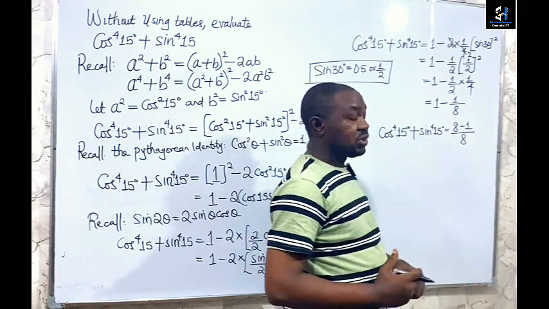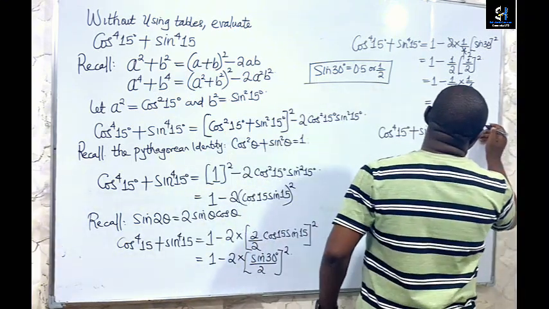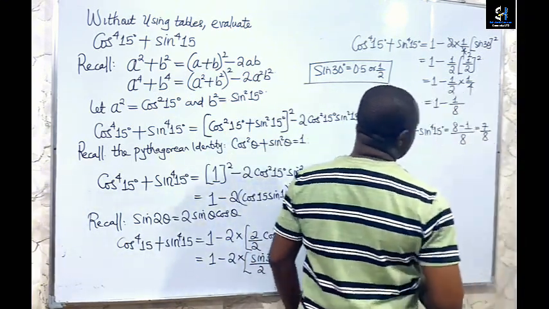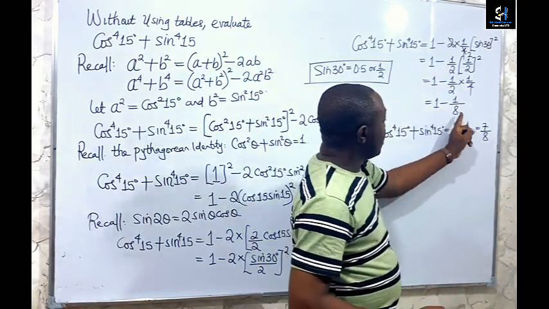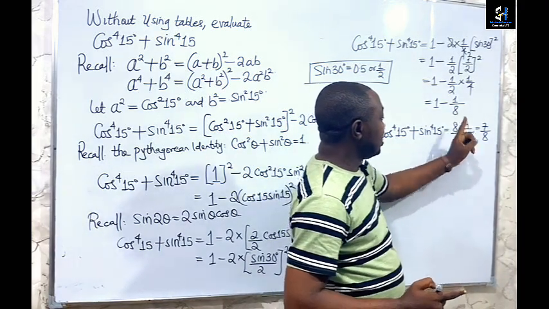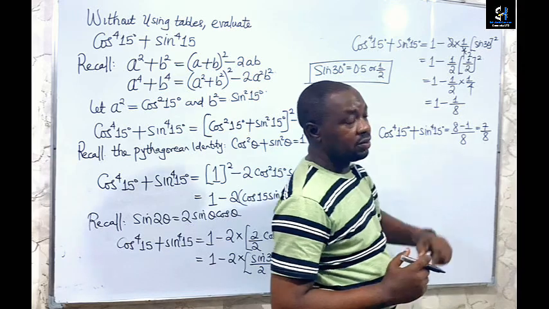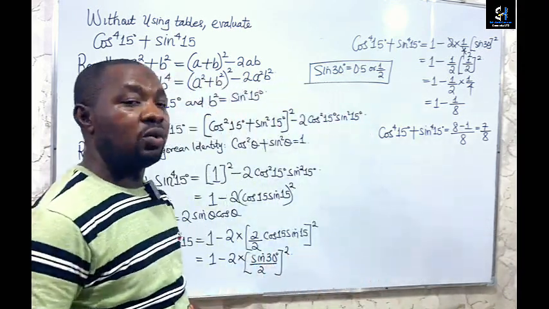The LCM, the least common multiple, will be 8. So this will be equal to 7 over 8. And why is it 7 over 8? Because 8 divided by 1 is 8, 8 times 1 is 8, then 8 divided by 8 is 1, 1 times minus 1 will be minus 1, and then we have 8 minus 1 over 8.